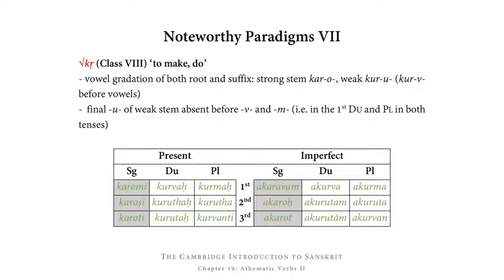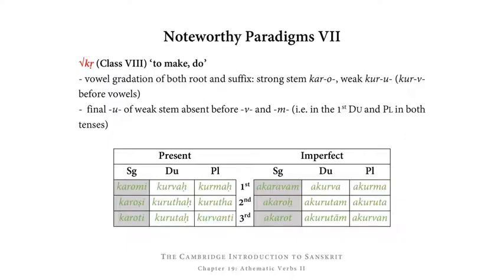Then first dual kurvah with the weak stem kuru and the u dropping out in front of the vah, so not kuruvah but kurvah. Then going on kurutah. First plural kurmah, again not kurumah but kurmah. Then kuruta, and not kuru but kurv in front of a vowel, giving us the third plural kurvanti.